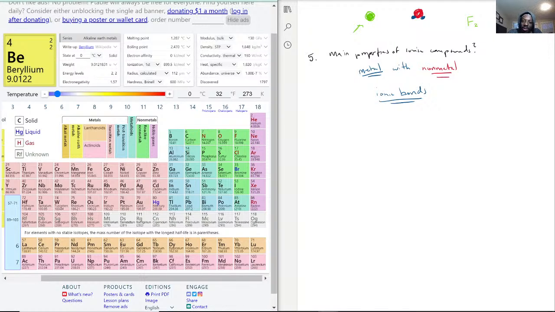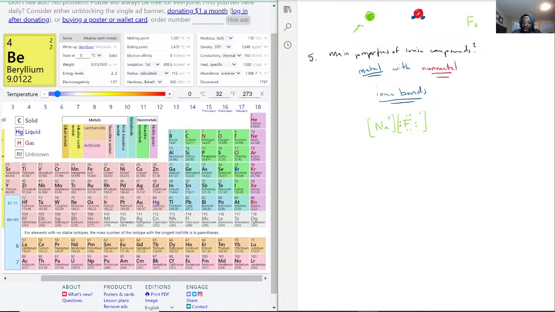There are some ionic compounds that are more in the 1.6, 1.8 range, but it still counts as ionic because it's still a metal with a non-metal. Okay, so what this electronegativity difference does is that if we took the example of sodium fluoride, it would kind of look like this, where when you do the Lewis structure, the fluorine would actually just hog all the electrons, okay, to where it's more like this.